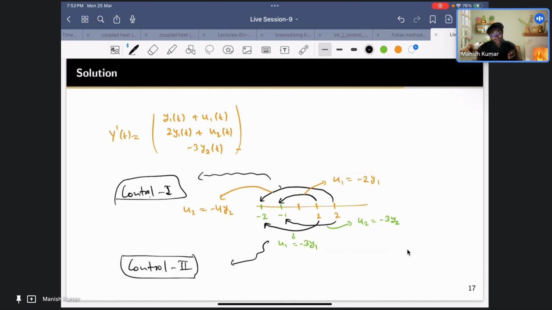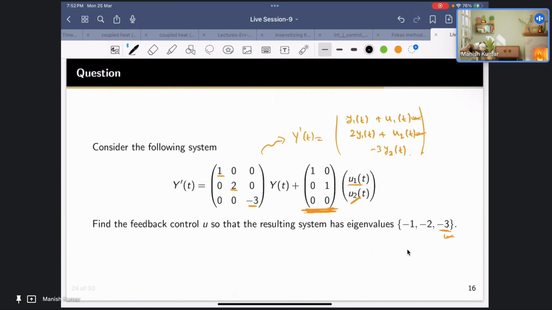But note here the fact that, okay, here also you can actually completely stabilize the system. Okay, because the maximum value is in your hand.